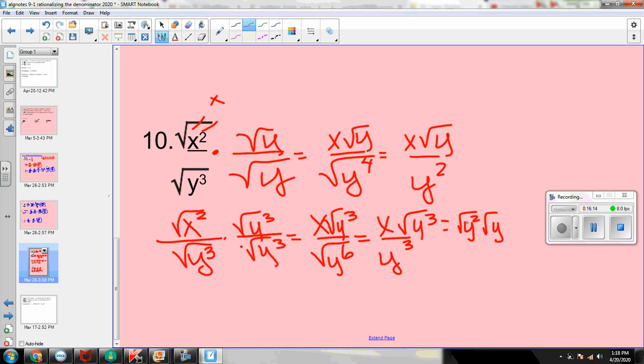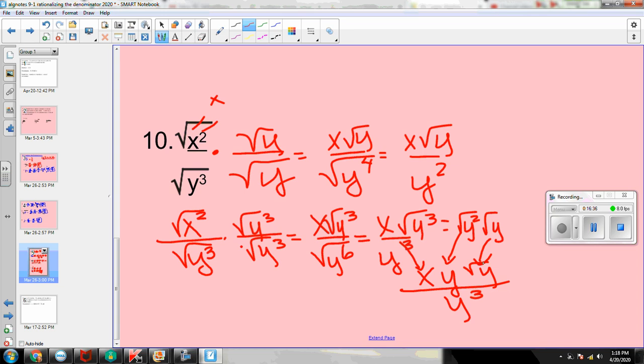Because you can take the square root of y squared, which is y. So I will have an x y radical y over y to the third. So what I did is I took the square root of y to the second and got this y. This x comes from here, and I still have a radical y.